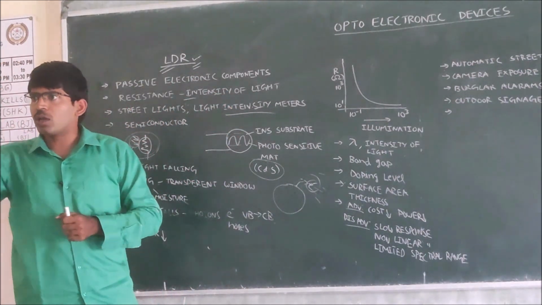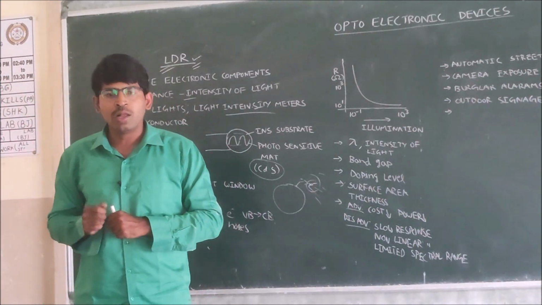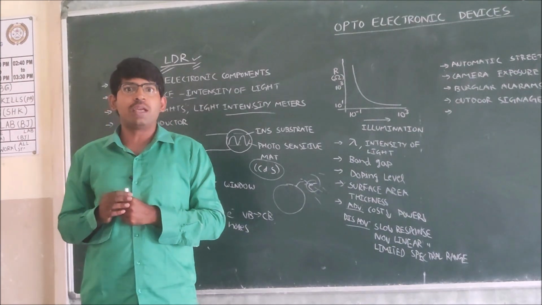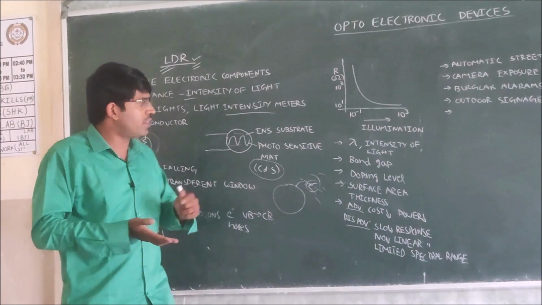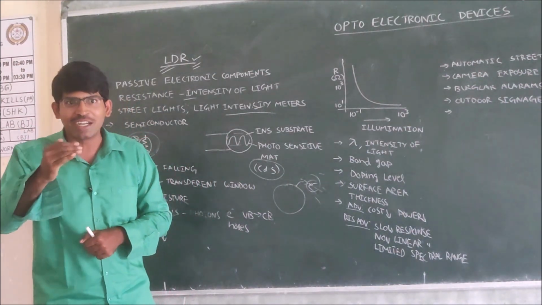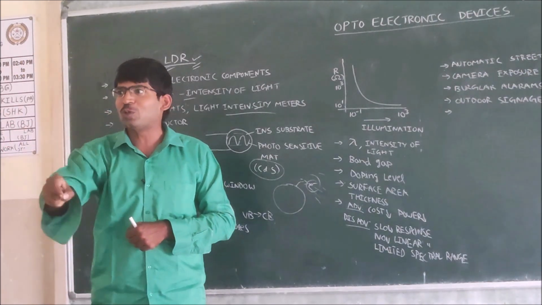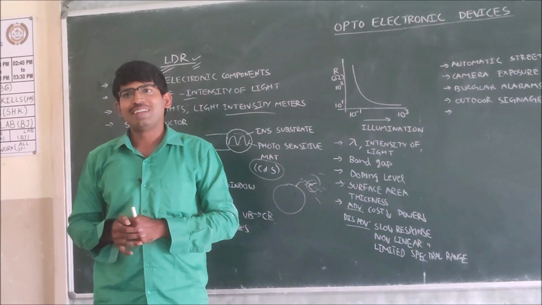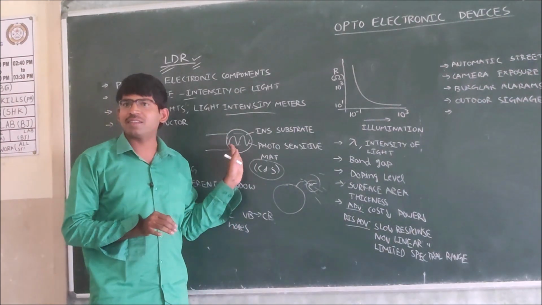Sir, then the doubt comes: if we are covering that material, then how will light fall? You are saying it is a photosensitive material, but you are also saying you are covering it. When you are covering it, how does light fall? That's why we are covering with a transparent material, which means light can enter through it, but dust and moisture will not affect this LDR.